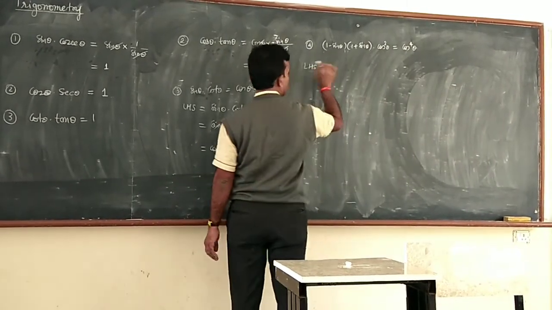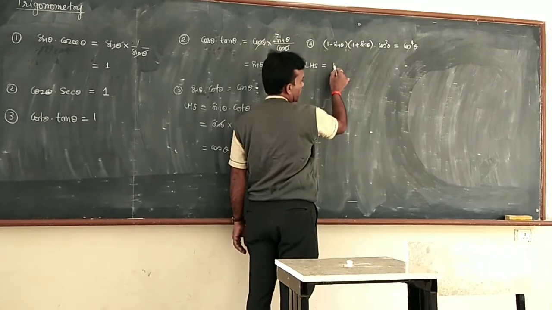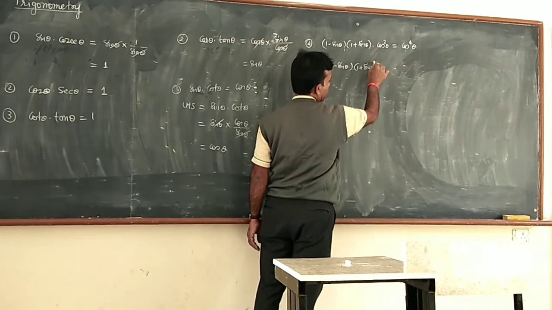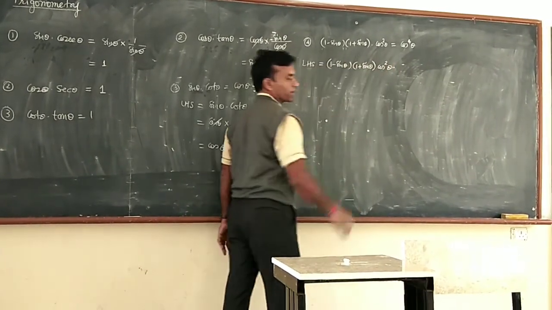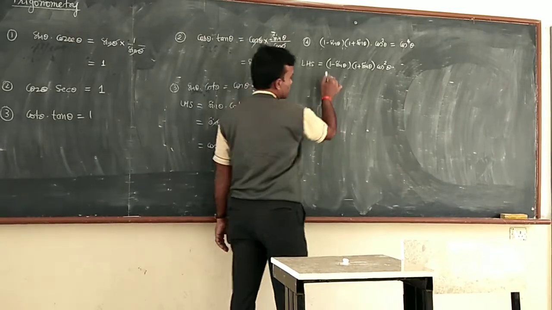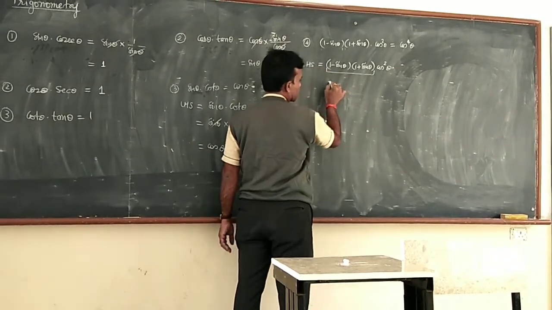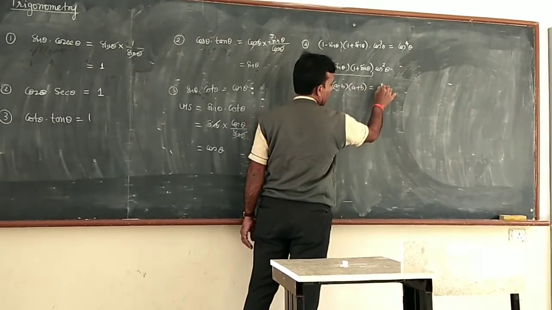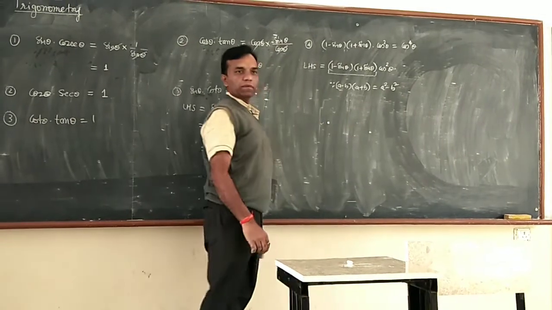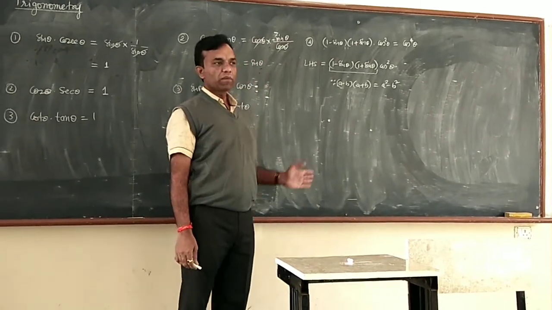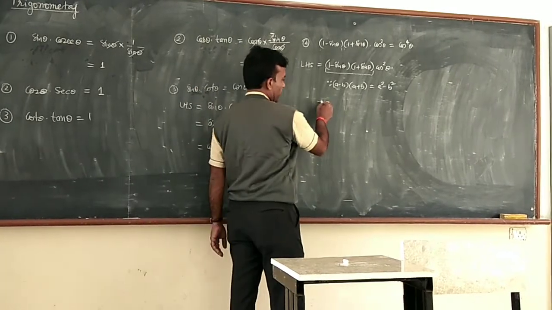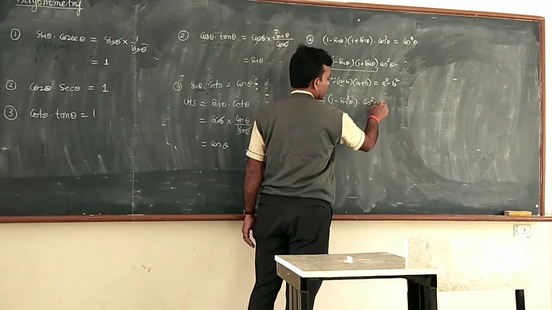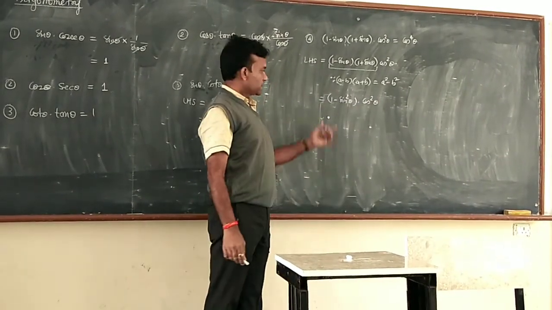Here we write the LHS part: (1 minus sin theta)(1 plus sin theta) and then cos square theta. Now this is in the form of an identity, a plus b into a minus b.